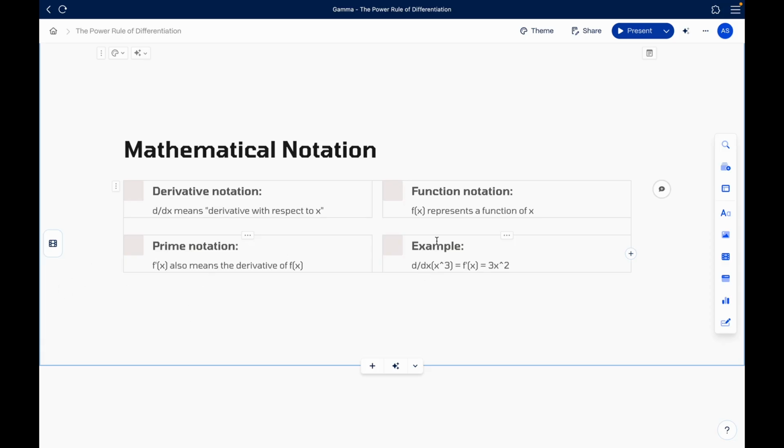And then, of course, function notation: f of x represents a function of x. Now, a quick example: d over dx of x cubed is equal to f prime of x, that's the derivative of f of x, where f of x is equal to x cubed, and that's equal to 3x squared.